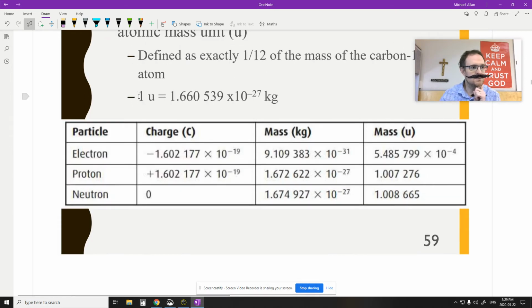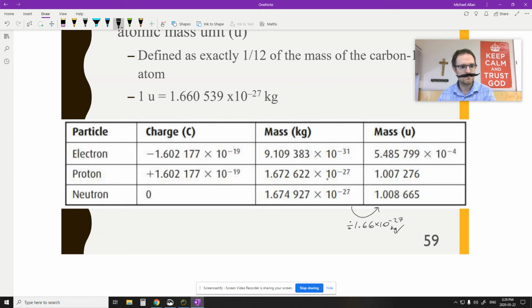So by using these atomic mass units, I can convert these masses by just dividing them by the 1.66 times 10 to the negative 27 kilograms per atomic mass unit. And they use a lowercase u for those. So I'm just going to divide by this 1.66 to get to those numbers.